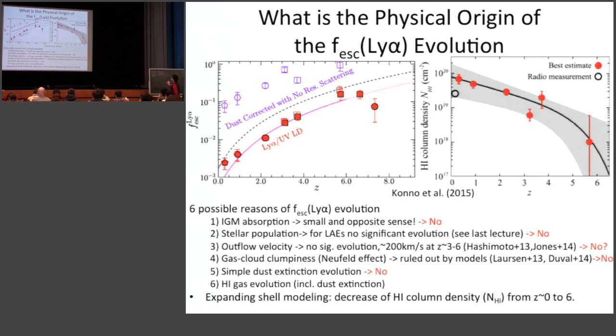This shows the evolution of the column density from redshift 0 to 6. Although there are large error bars, at least you can say that if this escape fraction is totally made by the HI gas evolution, then the neutral hydrogen column density decreases by an order of magnitude from redshift 0 to 6.